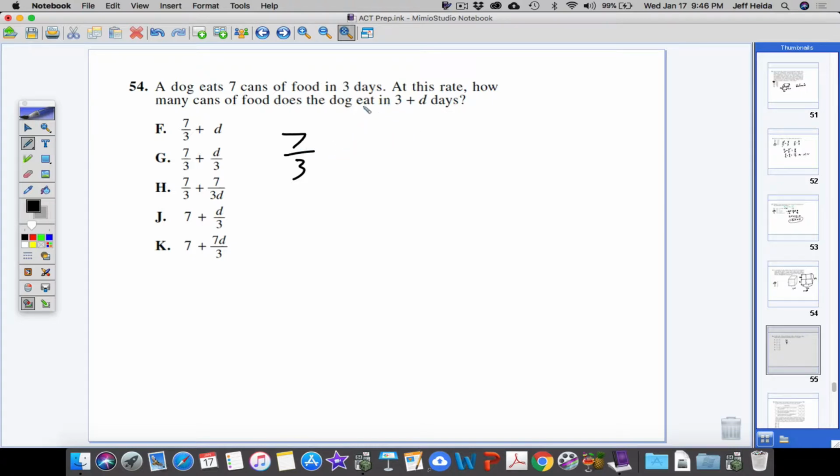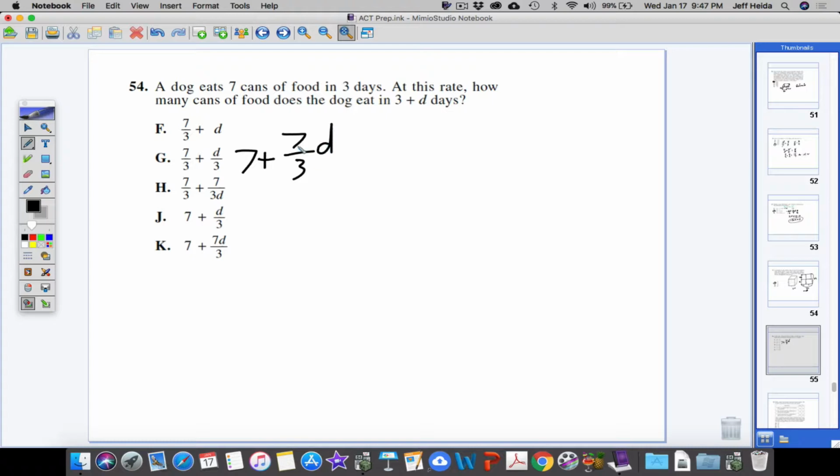So how much food can it eat in D plus 3 days? After 3 days, you've had 7 cans. So after 1 day beyond that, it's 7 plus 7/3. After 2 days, it's 7 plus 7/3 times 2.